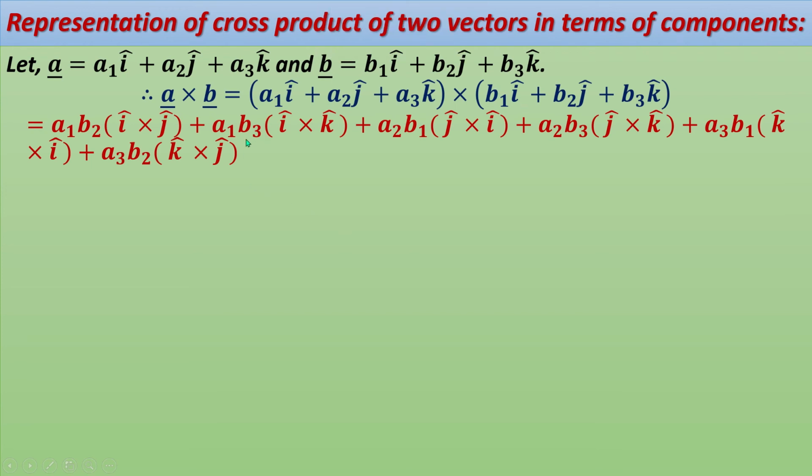Okay, similarly a1 b3 i into k, and a2 b1 j into i, a2 b3 j into k, a3 b1 k into i, a3 b2 k into j, and k vector cross k vector equals 0. Similarly j vector cross j vector equals 0.